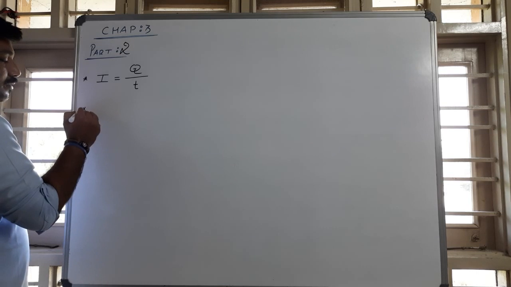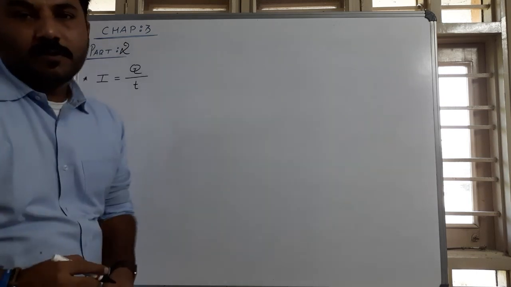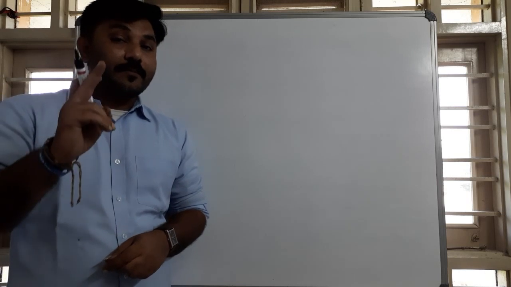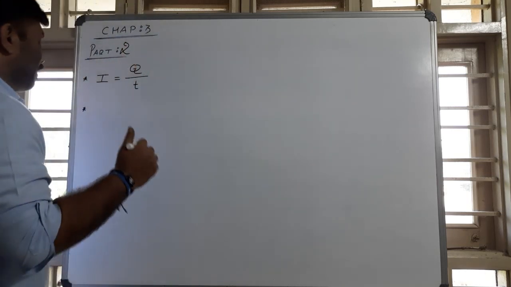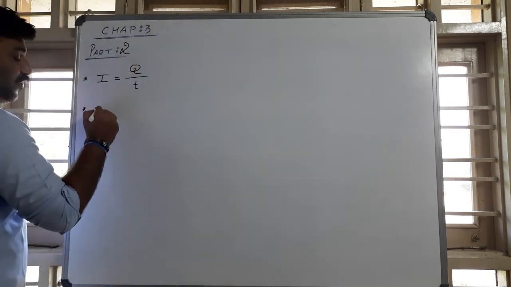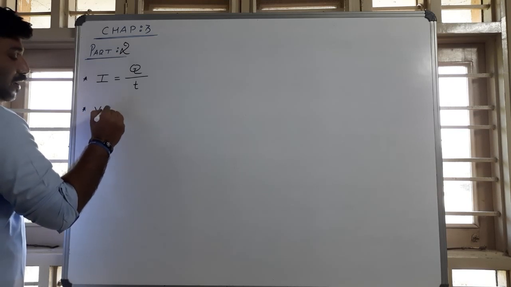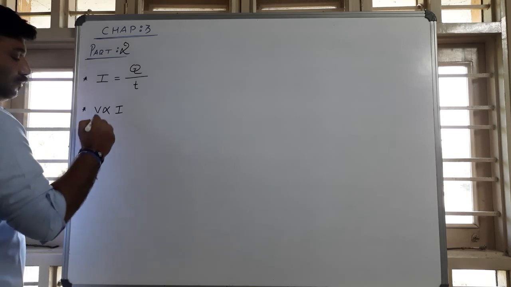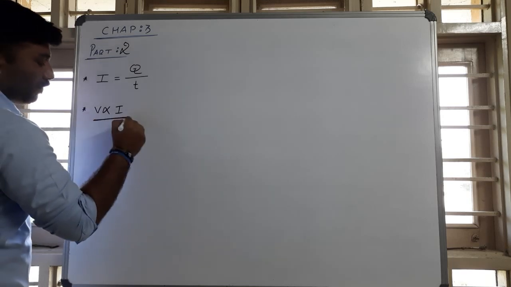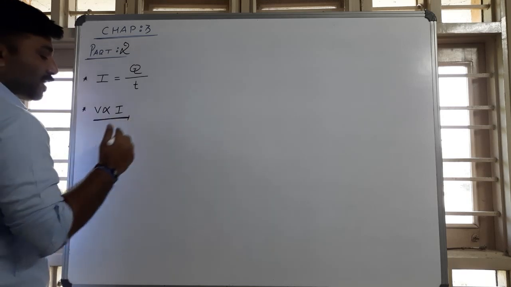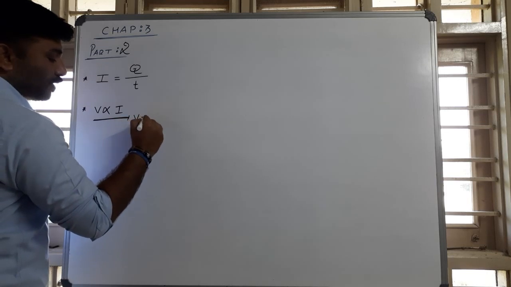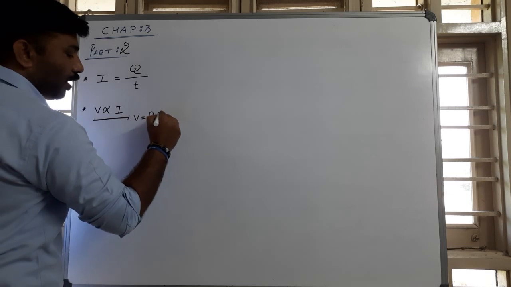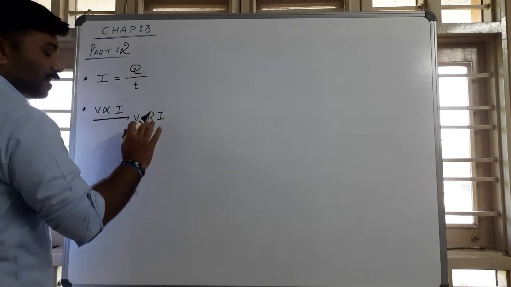Then Ohm's law. Under fixed physical condition, which condition? Temperature constant. Under fixed physical condition, V is directly proportional to I. Remove the proportionality sign, put a constant, and that constant is symbolized as R. What is R?